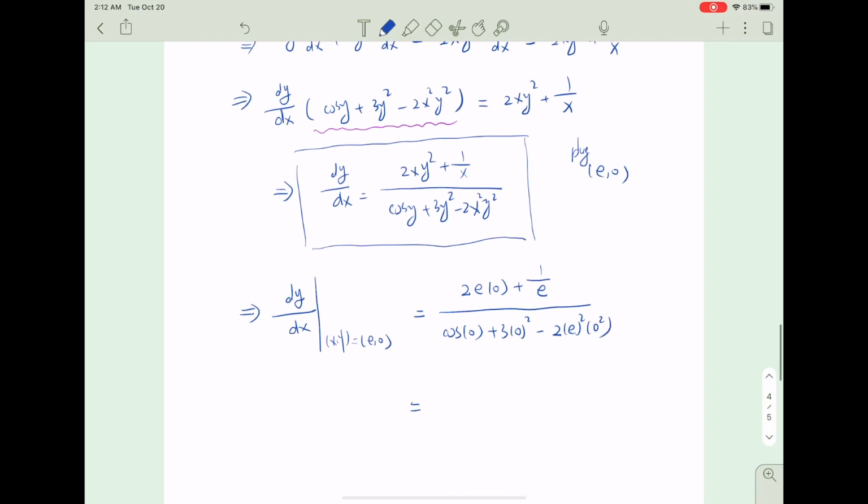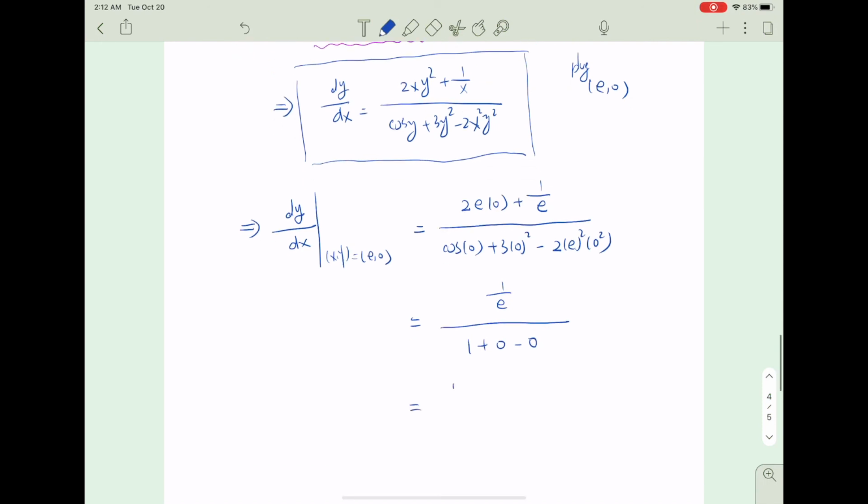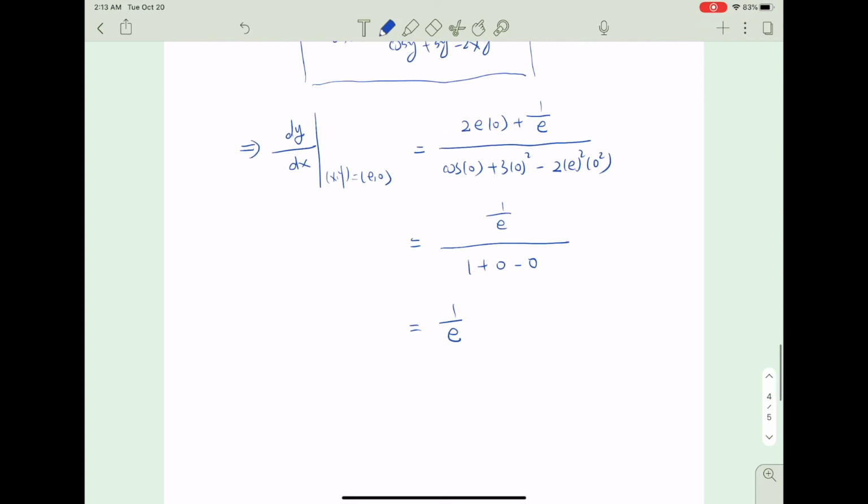Simplify this, so we have 1 over e on the top, and the bottom we have 1 plus 0 minus 0, which is 1 over e, right?